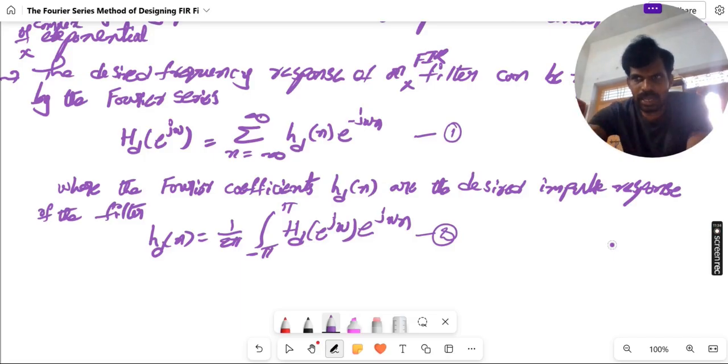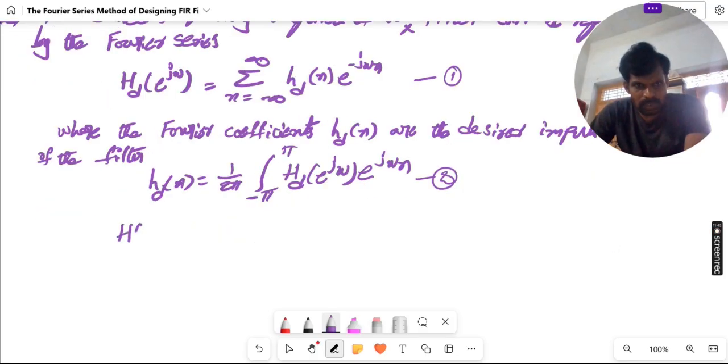Now let us write down the Z transform of this filter. Here we know that the Z transform is represented by H of z, which is equal to summation n is equal to minus infinity to infinity, this one.